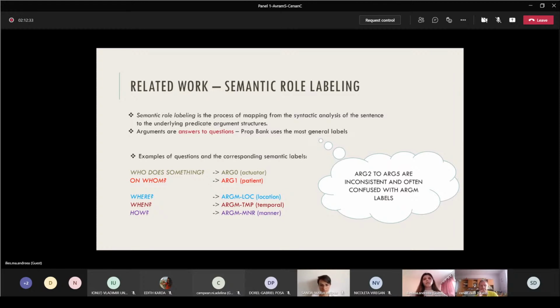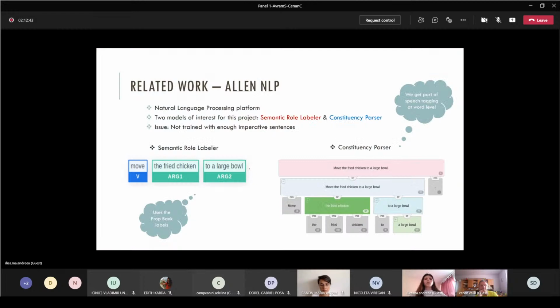We also have arguments 2 to 5, which are pretty inconsistent and hard even for humans to distinguish from the others, and argument M modifiers. For that, I also used two models from AllenNLP, a semantic role labeler and a constituency parser. The semantic role labeler was more of a reference, and the constituency parser I used to extract the part of speech.